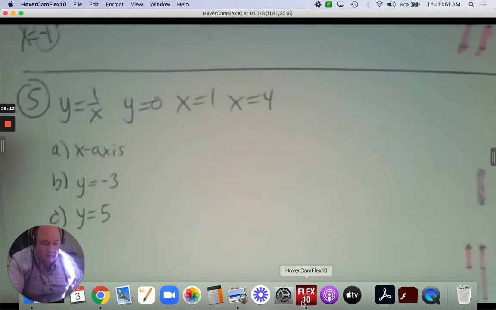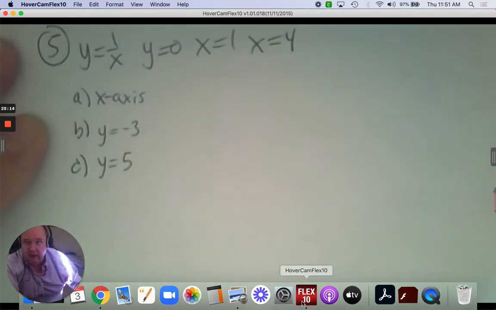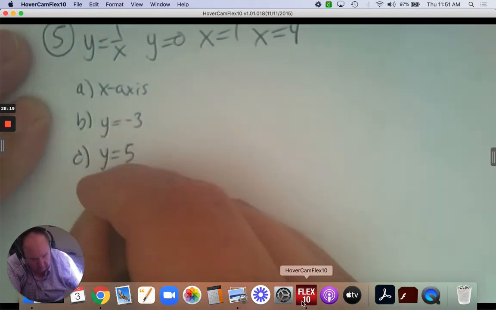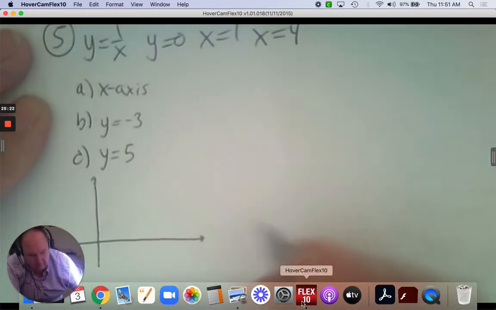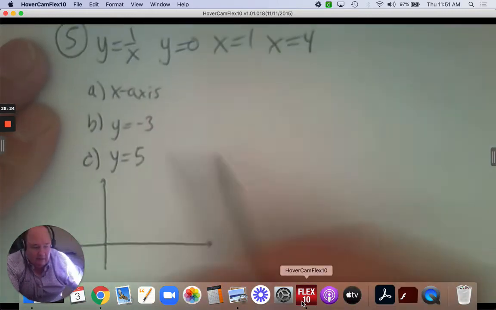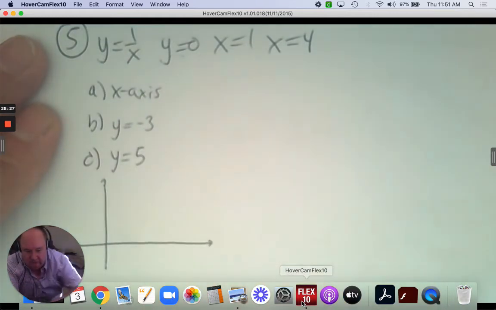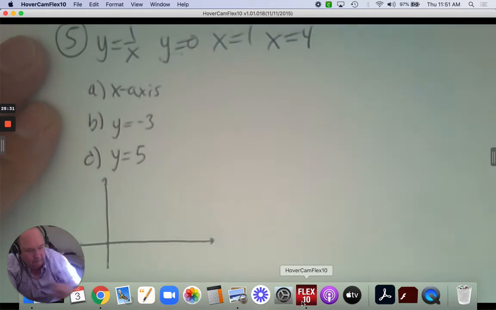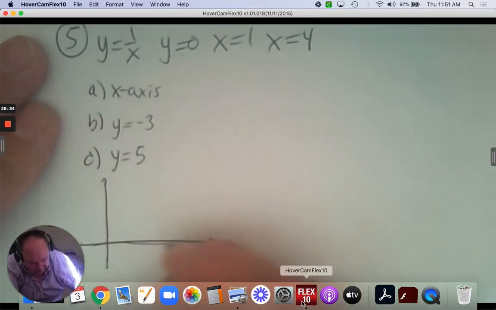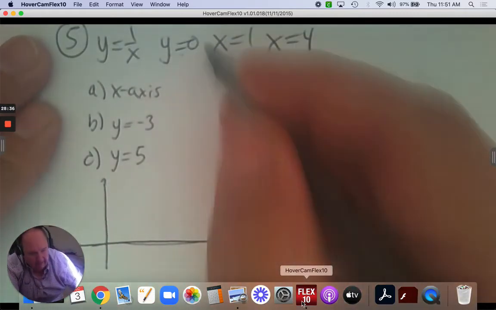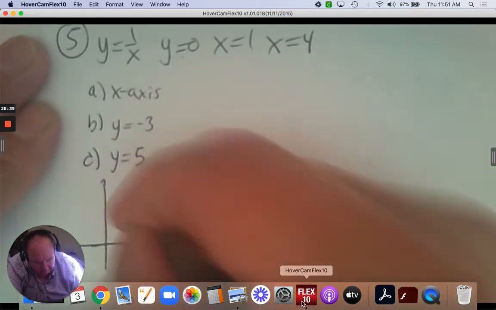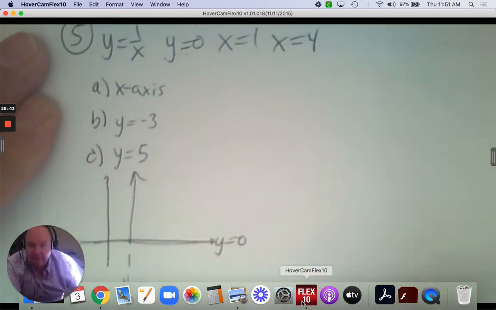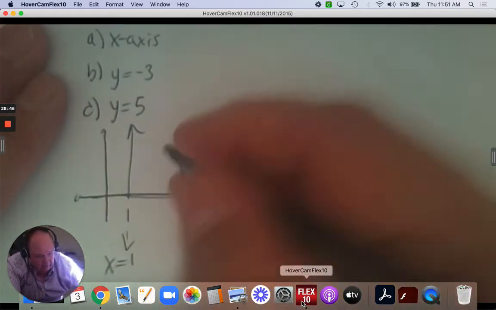So step 1 is I'm going to sketch this. I'm going to do it underneath. So to sketch this, I'm actually going to start with y equals 0. So y equals 0 is along the x-axis. x equals 1, that's a vertical line right there. And x equals 4.